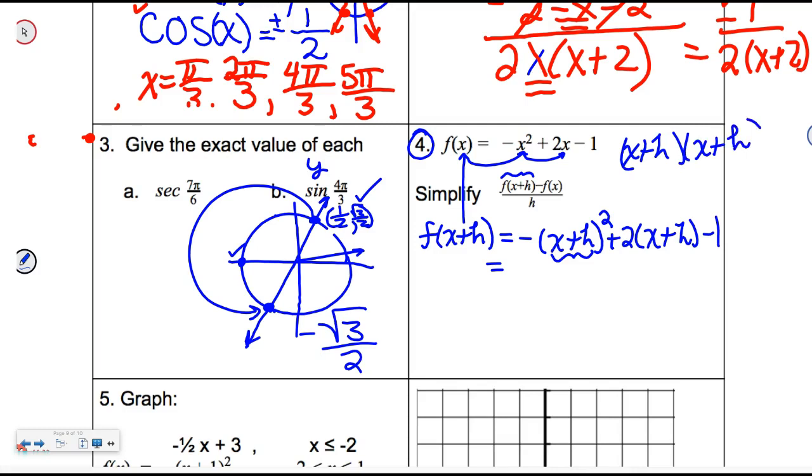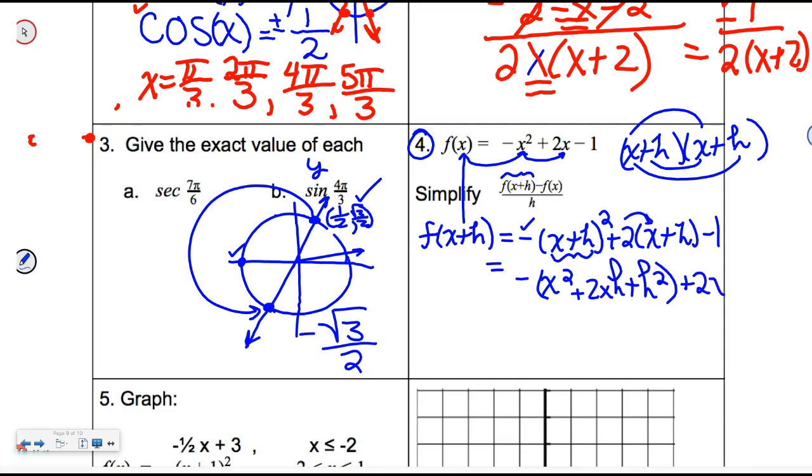I'll keep the negative running with it, so I have the negative x squared plus xh, so plus 2xh, plus h squared, right? The negative's in front. Then I have plus 2x plus 2h minus 1. That's f of x plus h.